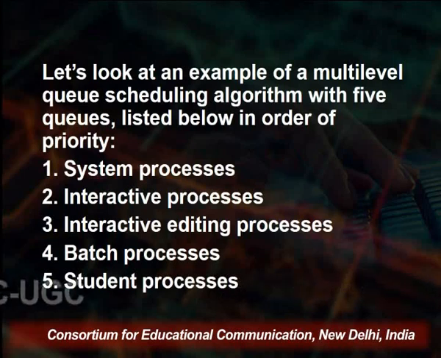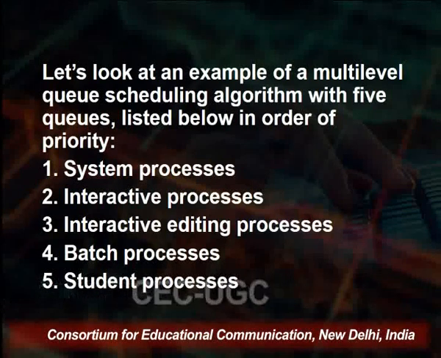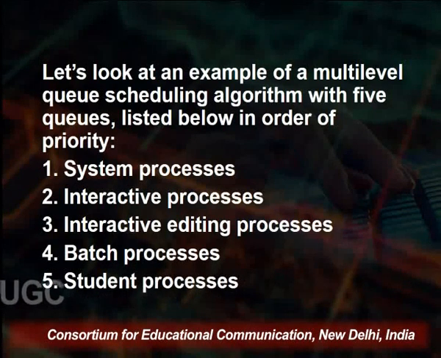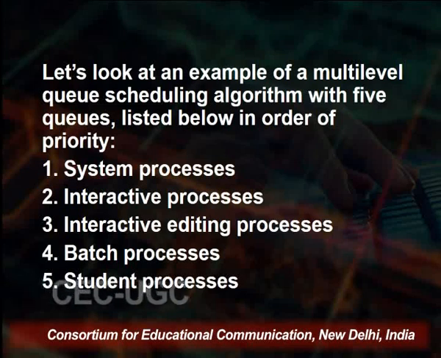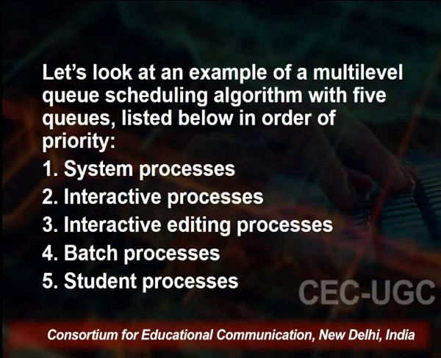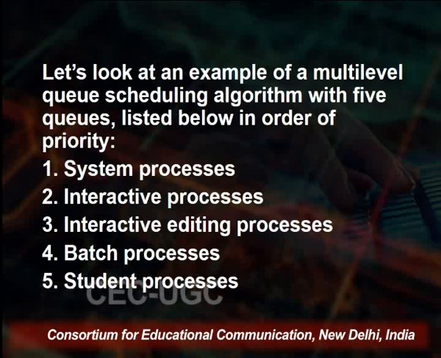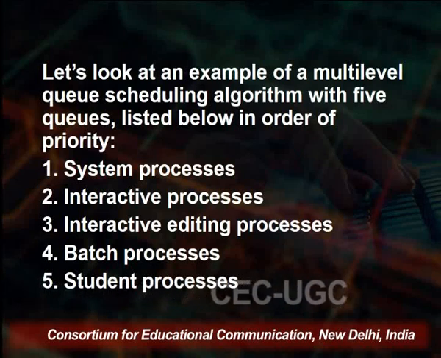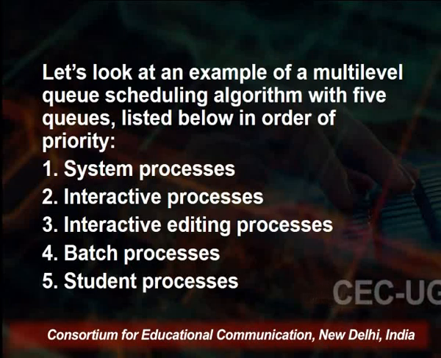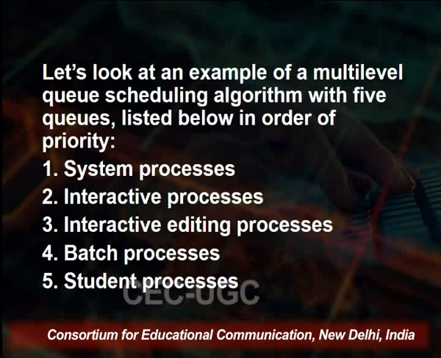So, like this we can have multiple queues which are executing, but queue number 3 will only get a chance when there is no process waiting in queue number 1 and queue number 2, right. Similarly, if a process in queue number 2 is executing and a process comes in queue number 1, then the process of queue number 2 will be preempted and the CPU will be given to the process in queue number 1.